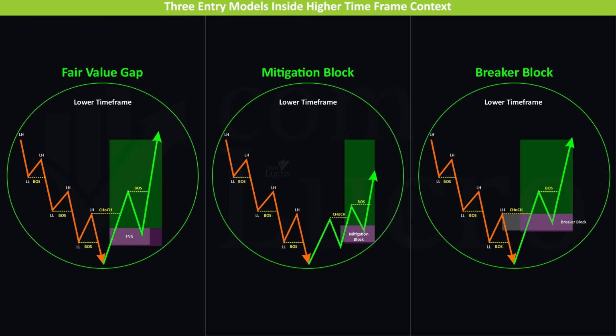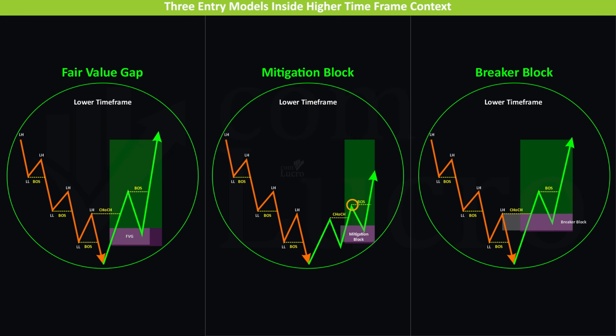In the second entry approach, once price revisits the higher time frame supply or demand zone, the formation of a mitigation block on the lower time frame presents a strong opportunity to enter a long trade. For a bullish mitigation block to develop, price must first form a swing low, followed by a swing high, and then a higher low.